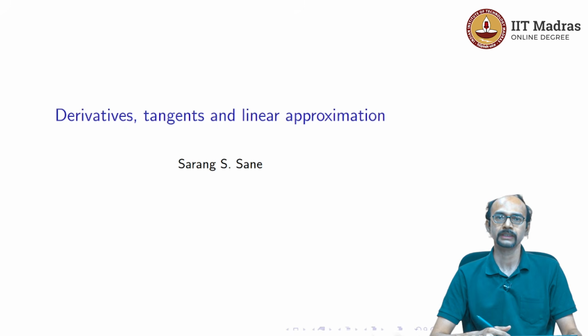Last video we saw how to compute some derivatives, and now we are familiar with limits, computing limits, derivatives, continuity and computing derivatives. So, in this video we are going to finally make the connection between derivatives and tangents, and on the way we will obtain this extra information about a linear approximation to a function.